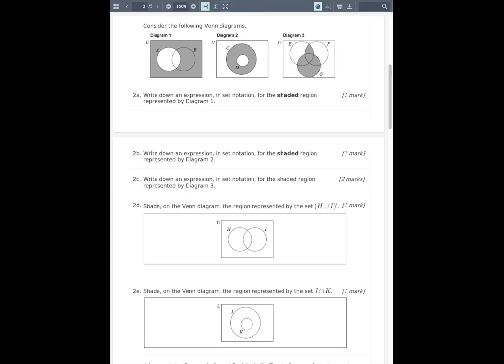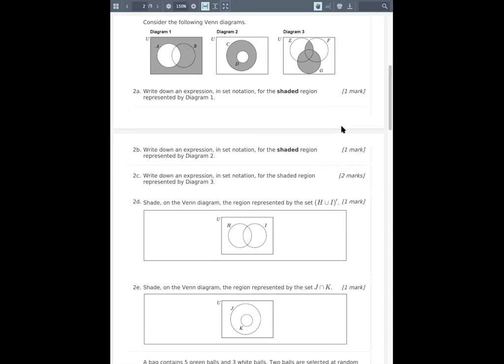So for this one, it would be parentheses E intersection F close parentheses, because actually, Alan, do you know what this one is? Wait, I'm confused. Do you know how to explain it? Which one? Diagram 3. Okay.